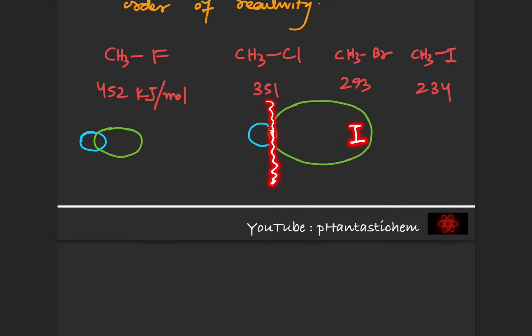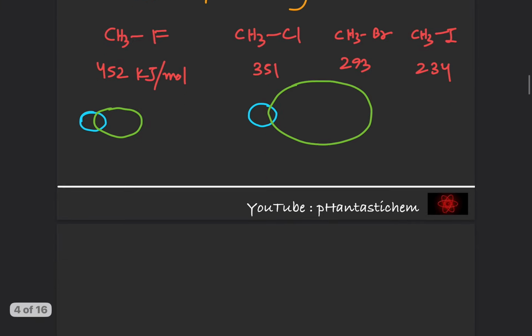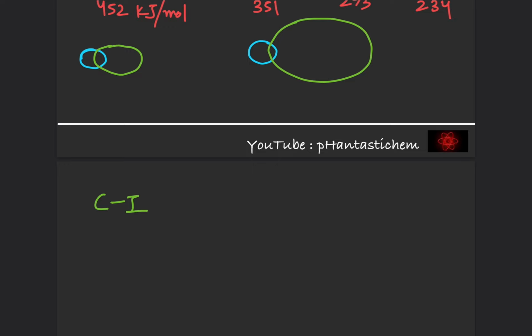But in the case of CF, the fluorine atom is small, so the overlap is quite strong, therefore it is tough to break this bond. That's why in CH3I it is easier to break the CI bond, and hence the bond dissociation enthalpy is the least. So the CI bond is the easiest to break, and hence it can quickly take the electron pair and form I minus, the leaving group, easily. Therefore iodoalkanes are the most reactive.